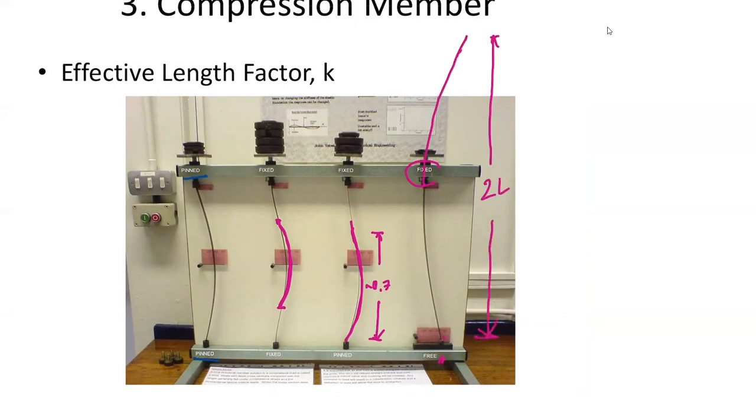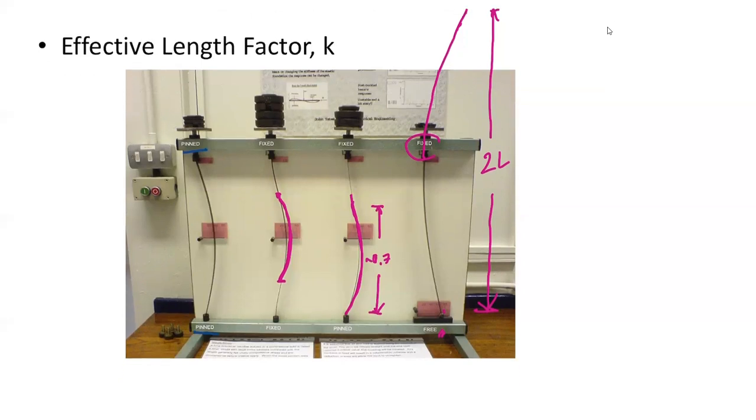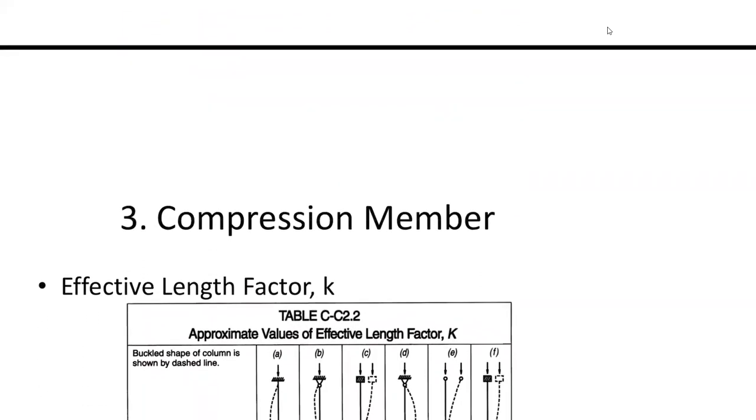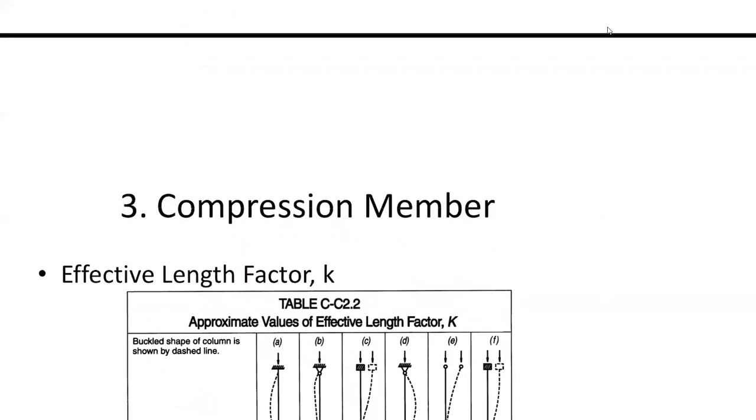Okay, so the support condition dictates the sine curve that you are going to have. And as a result, we must take this into account. It comes into the form of the K factor, which we call effective length factor.